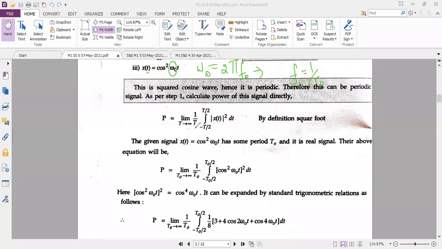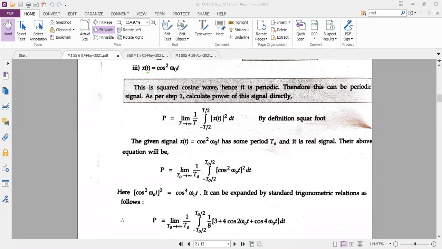So in the original formula, wherever the T is there, you have to replace it with T naught, because in the given question it is omega naught. I hope you are following it. So in the next equation, you have to write everything with respect to T naught. Subscript, you have to use naught.